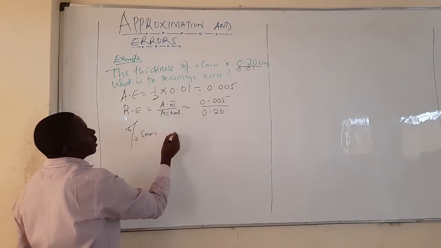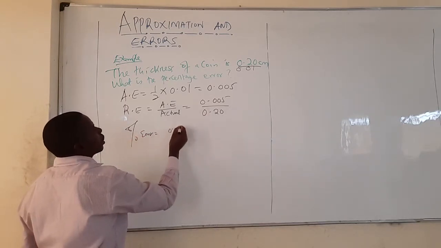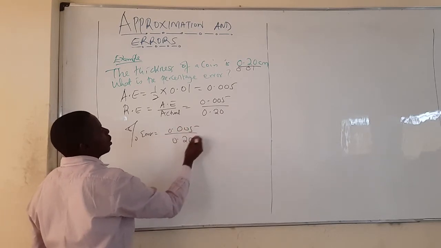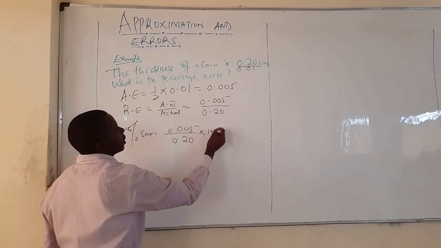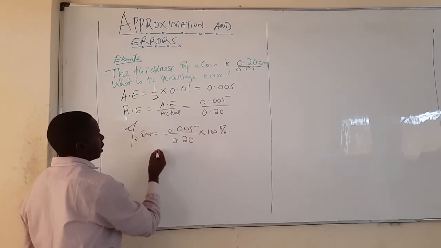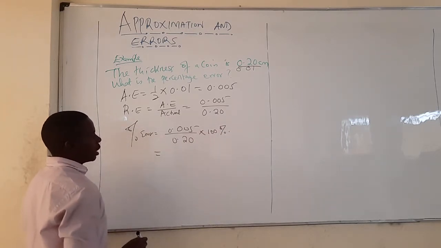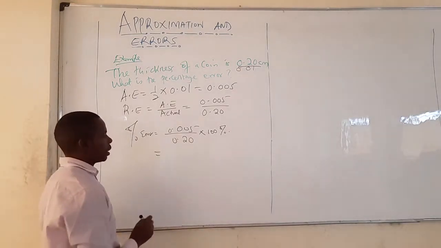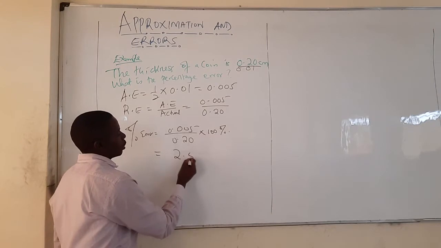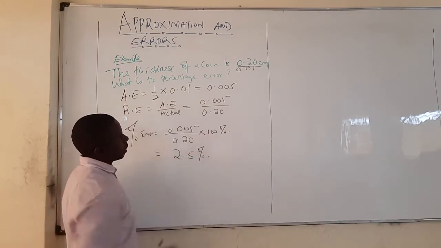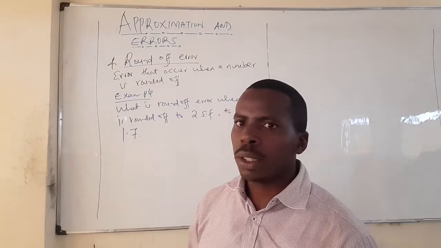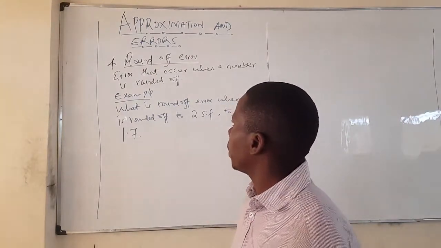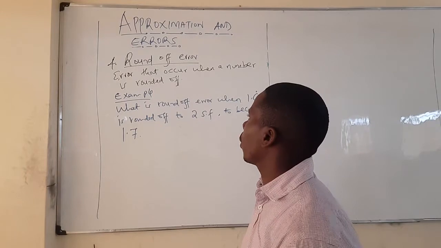Percentage error is given by the relative error, 0.005 divided by 0.20, times 100%. And this one we are going to get as 2.5%. So let's look at error type number 4, and we have the round off error.